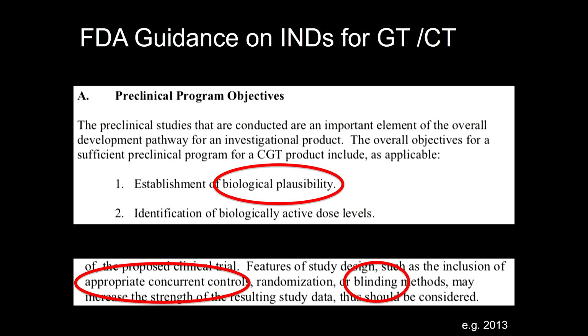There are a number of different guidance documents, Kathy alluded to them, that speak not only to the requirement to demonstrate potential efficacy in preclinical models, but that also talk about the quality of the design of those studies, the use of blinding, appropriate controls, et cetera. So there clearly is some kind of scrutiny that's going on about the prospect of benefit at the point of first-in-human trials from the standpoint of the FDA.